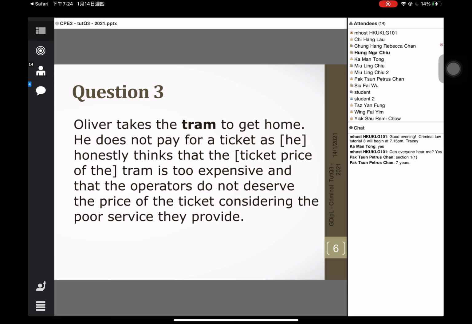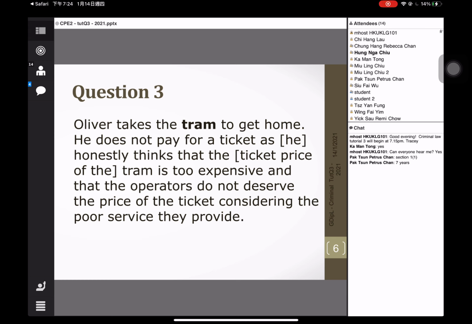Then moving forward to the third paragraph, Oliver takes the tram to get home, but he doesn't pay for the tram ticket. Now, we're not told the payment system for this particular tram ride. It looks as if you get a ticket before you board the tram, but of course we can't be sure about that, so maybe you pay on exit, but it looks like he doesn't pay for a ticket before he gets on the tram.